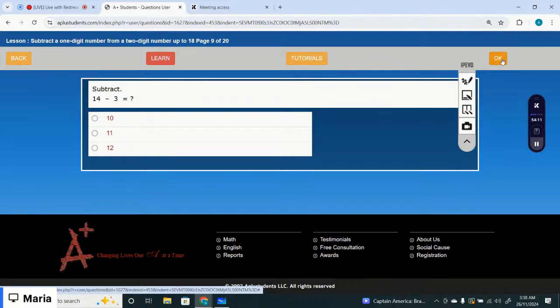14 take away 3, which is the correct option. 14 take away 3 is 11. Option number 2 is the correct option.